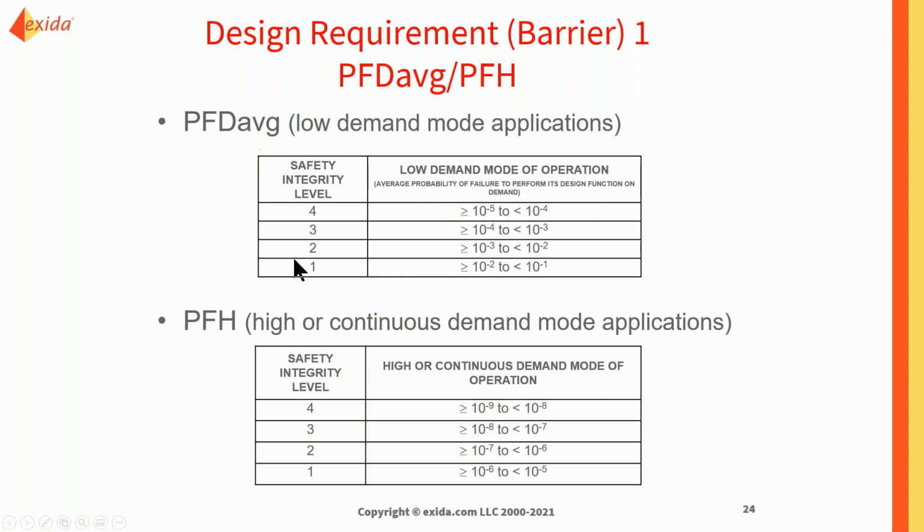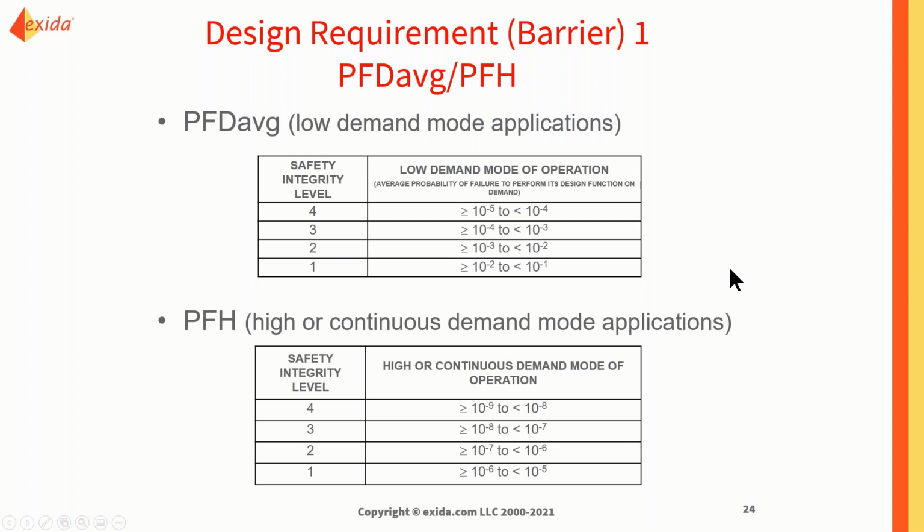PFD average and PFH are based on how the demand will work for these SIFs. I won't go into details because it's like a full 2-day course to go through all of this information. But if you are more interested, please consider joining our FSE course. Actually, I'll be teaching one next week. It's very extensive information about this part, and this one is very complicated as well.